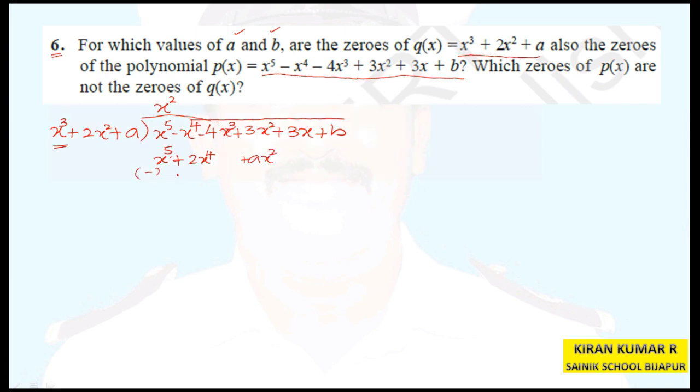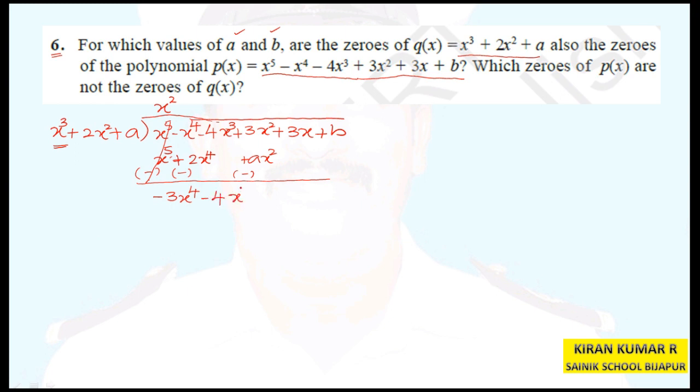Now we will follow the same method. We will change their sign and add them. So the first term, x to the power 5, they get cancelled. Minus 2x to the power 4 minus x to the power 4, when you add them, you get minus 3x to the power 4. Now this cube term you have to retain as it is.